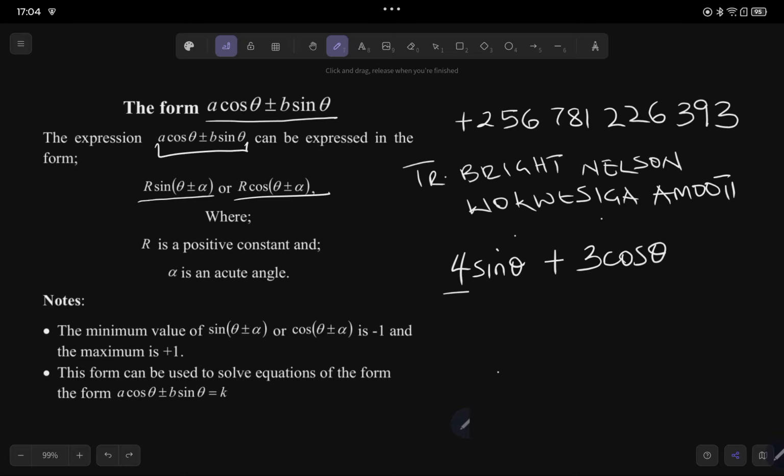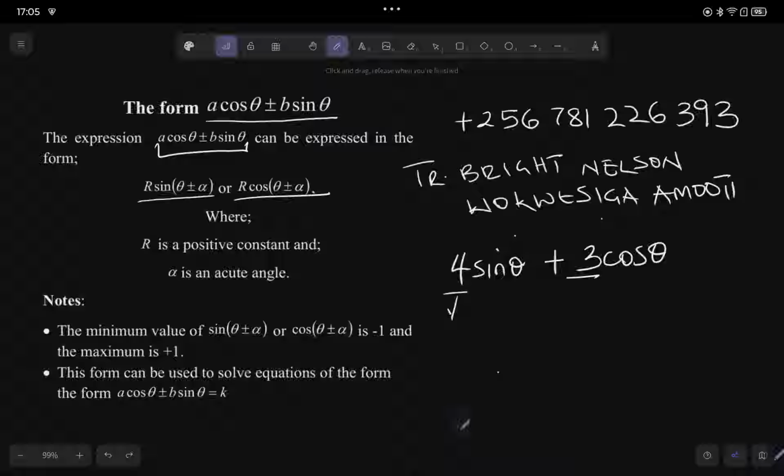However, we have a 4 here, we have a 3 here. And the cos and sine of any angle is always at most positive 1, minimum negative 1. Now, since we have a 4 and a 3, we shall assume that our sine of some angle has been multiplied by a certain constant, rational or irrational, to give us a 4.